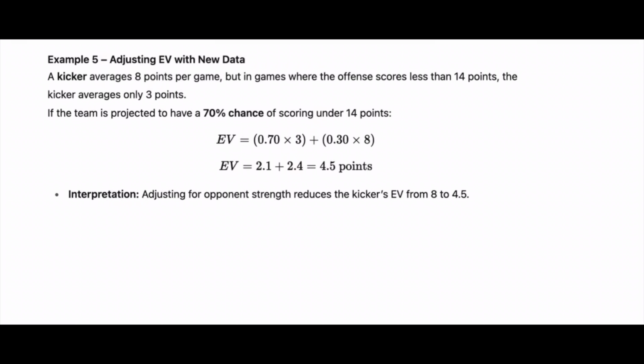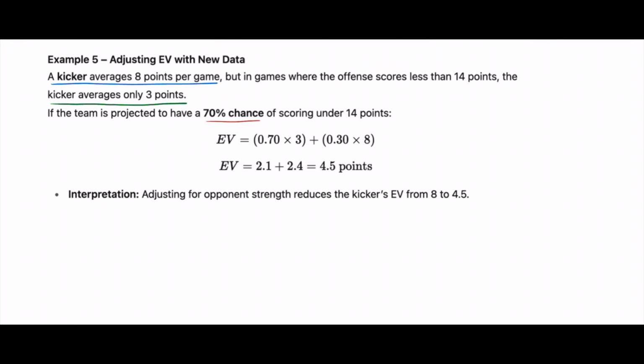So that's example 4. Now for example 5, our final example for today, it's adjusting our expected value with new data. So it says a kicker averages 8 points per game, but in games where the offense scores less than 14 points, the kicker averages only 3 points. If the team is projected to have 70% chance of scoring under 14 points, so that's our condition. We have 2 expected values to be adding up here. If the kicker averages 8 points per game, that happens only 30% of the time. Why?